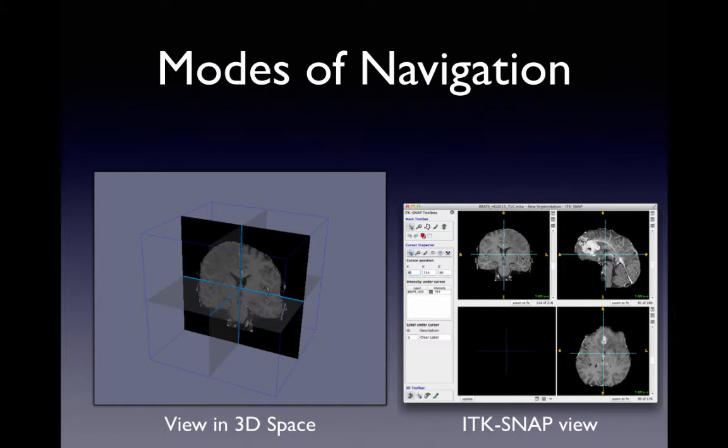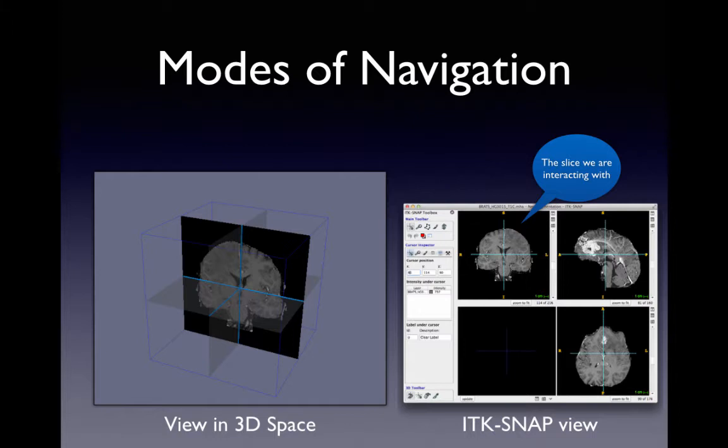And then the corresponding view in ITK-SNAP, where you see this slice corresponds to this slice, and then these two slices correspond to these two slices that are harder to see here. And so I'm going to show what different navigation modes look like in ITK-SNAP. And on the left, you're going to see the corresponding navigation in a three-dimensional space, just to better understand how moving the cursor around in ITK-SNAP relates to the repositioning of these three slice planes in a three-dimensional space.